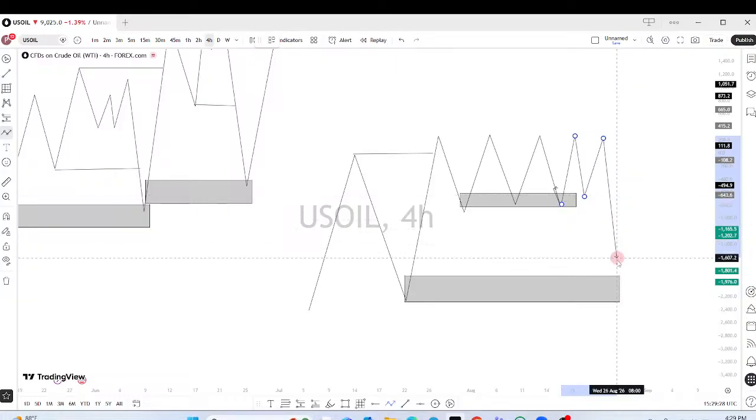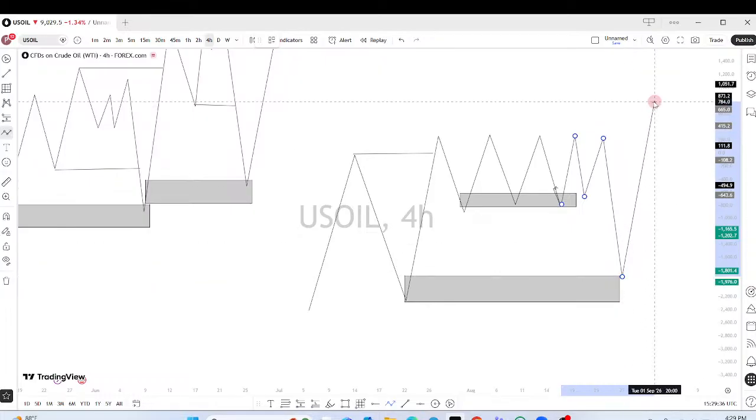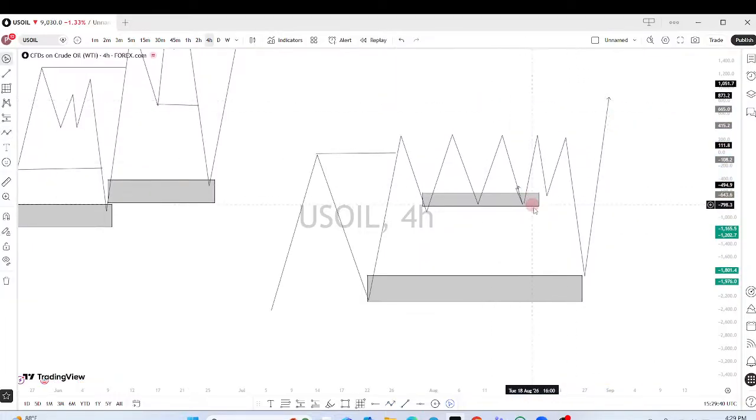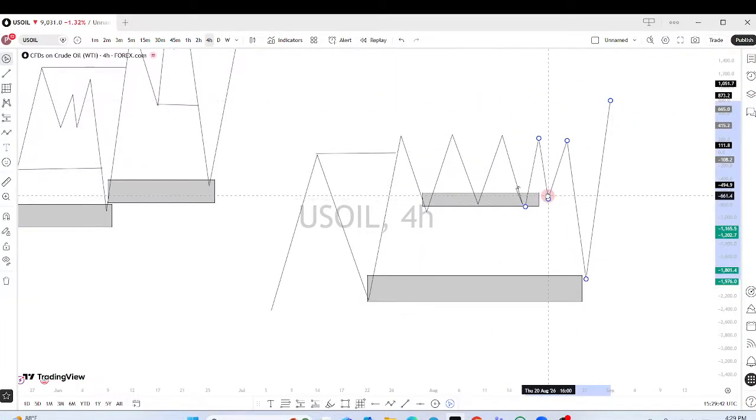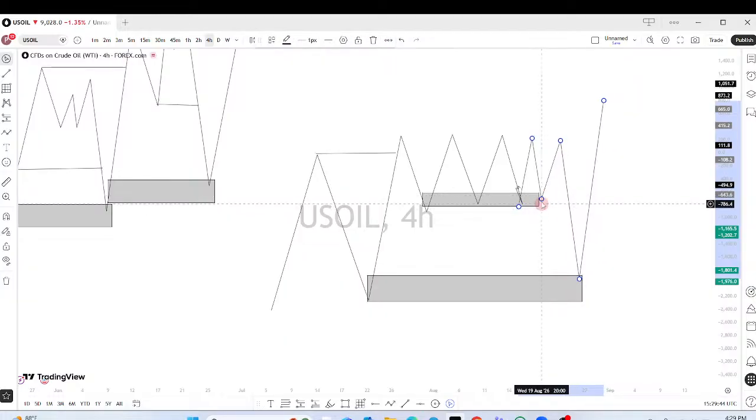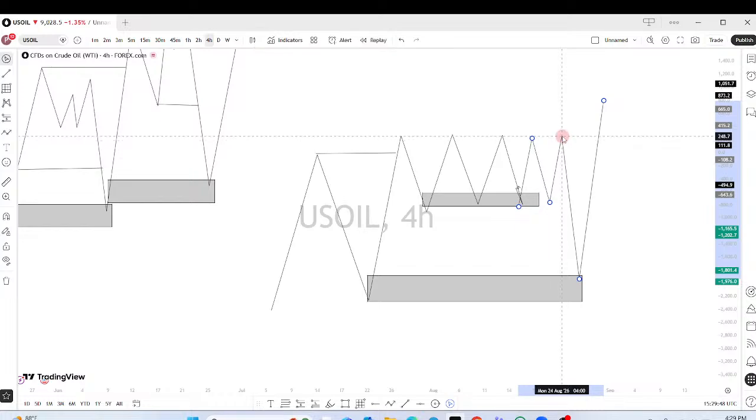Price must come back. It may not be immediately, but price will definitely come back to sweep that liquidity. Price will come back, sweep this liquidity sitting here, and then come and clear this one sitting up here.